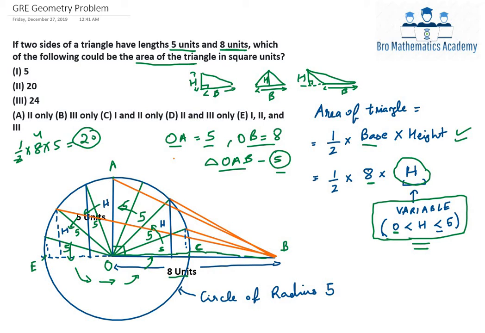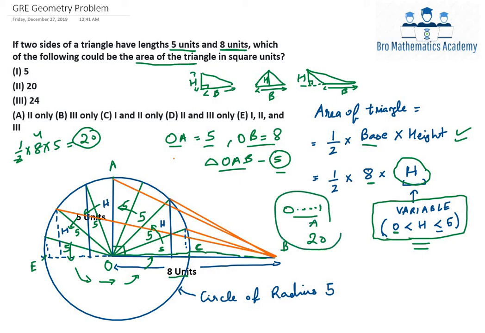You can imagine if OC is 5 and CB is almost 3, then it will be a very minute triangle with its area approaching almost 0, like 0.0001 maybe. So the area of the triangle will lie between this value and 20.